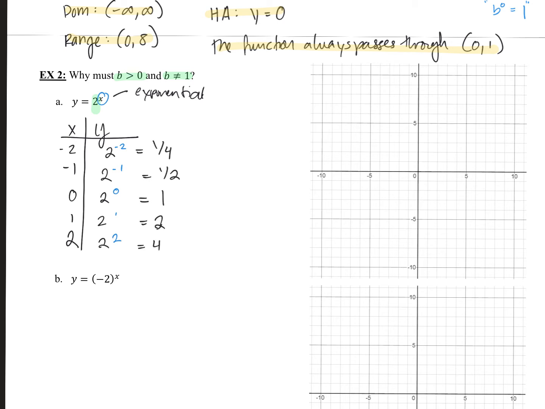So notice, interestingly, none of our answers come out being negative, even if we raise it to a negative number. Negative exponent values are only going to end up giving us fractions. Definitely an interesting point. Let's go ahead and graph this. I'll graph it in blue. So we have the point (-1, 1/2).